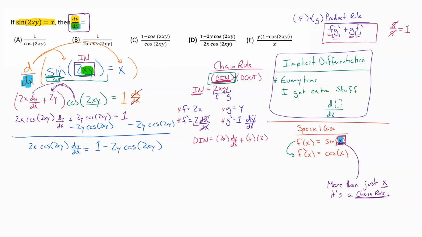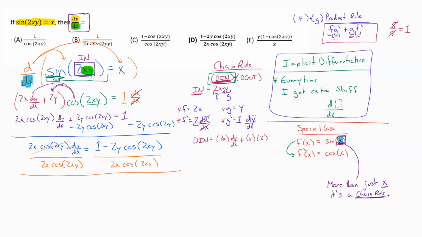Last little move here for us is now that these two things are being multiplied, and that's all that's with our dy dx, we can now divide this off of there. So we divide by 2x cosine of 2xy, and then do the same thing on this side.